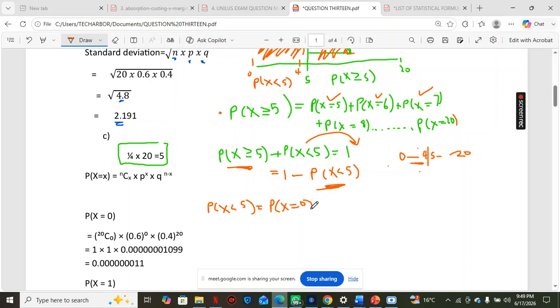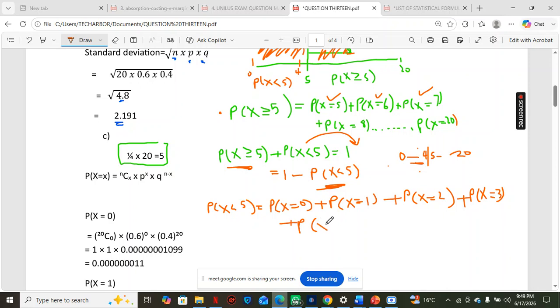This includes the probability that 0 students prefer working in the banking industry, plus the probability that 1 student prefers working in the banking industry, plus the probability that 2 students, plus the probability that 3 students, plus the probability that 4 students prefer working in the banking industry.